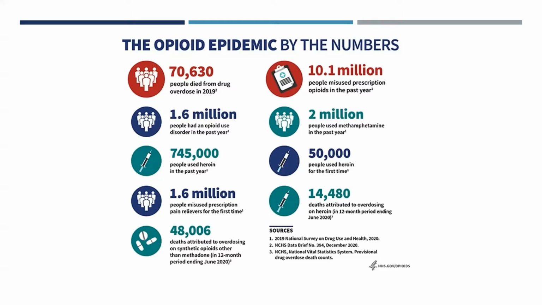And we are also seeing millions of people misuse prescription opioids or prescription pain relievers for the first time. And we have millions of people that have been diagnosed or have an opioid use disorder in the past year. And we're seeing hundreds of thousands of people use heroin for the first time or use heroin in the past year, or even use methamphetamine. And finally, we are seeing a large number of deaths attributed to overdosing on heroin.